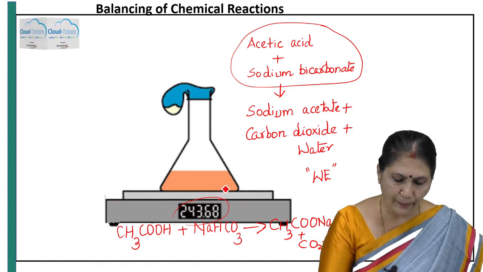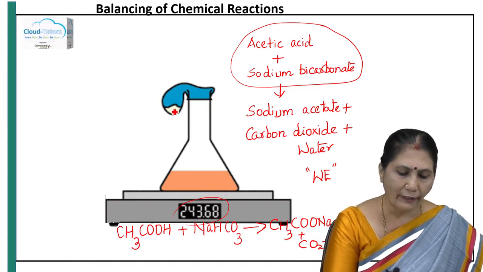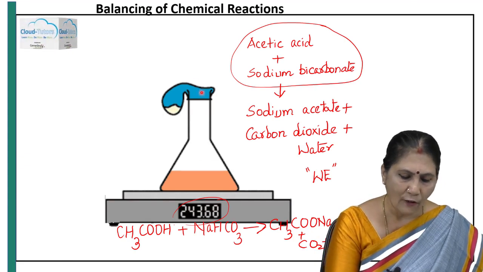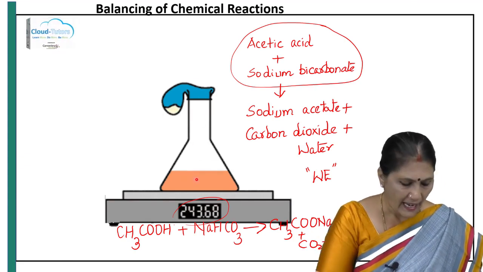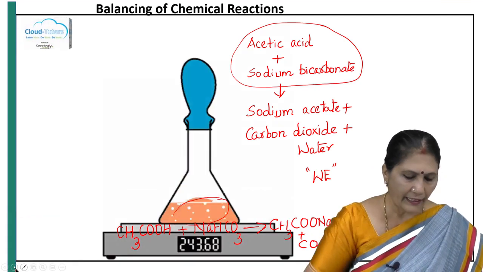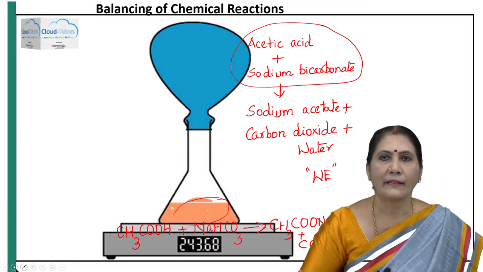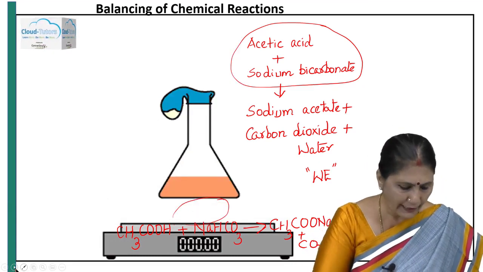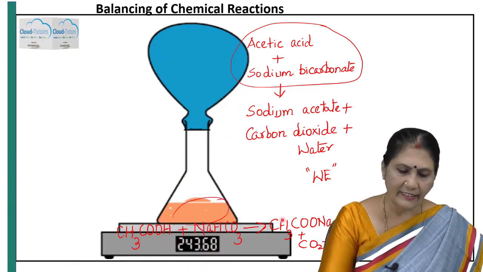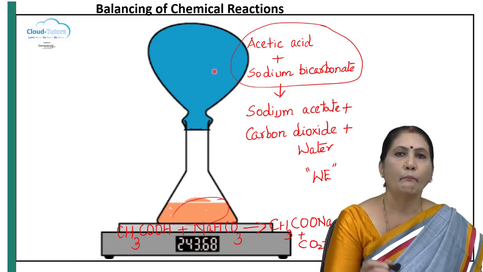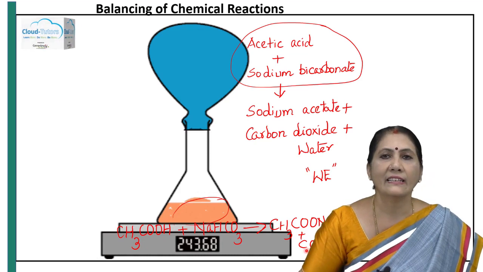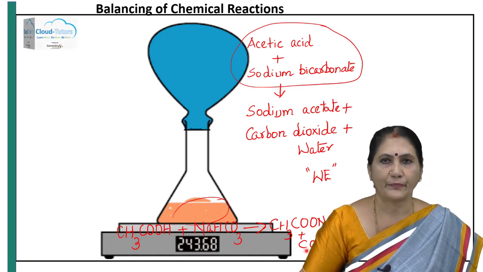Once the conical flask is placed, whatever sodium bicarbonate powder is in the balloon will fall into the conical flask and you will start seeing the reaction taking place, resulting in the balloon getting blown up. Why did the balloon blow up? It is because of the carbon dioxide gas that has filled up in the balloon. So again, this equation is a self-balanced equation.